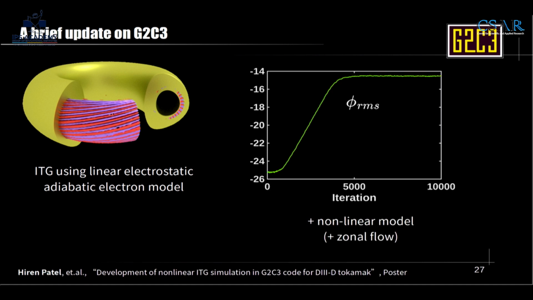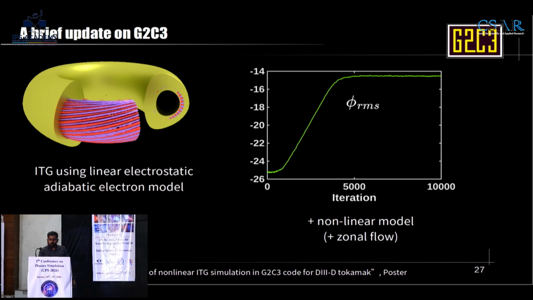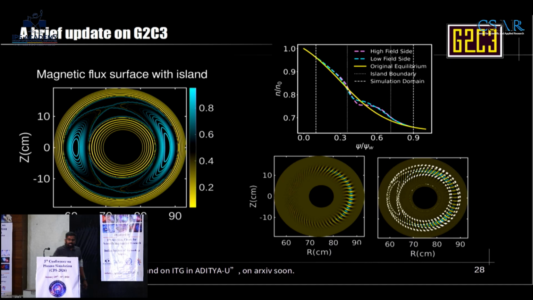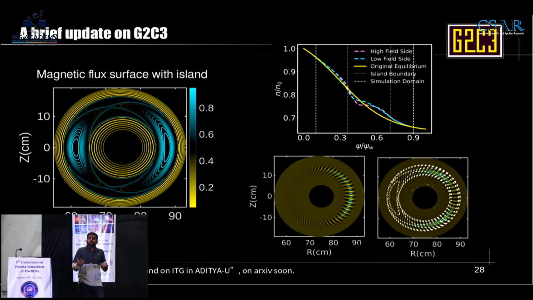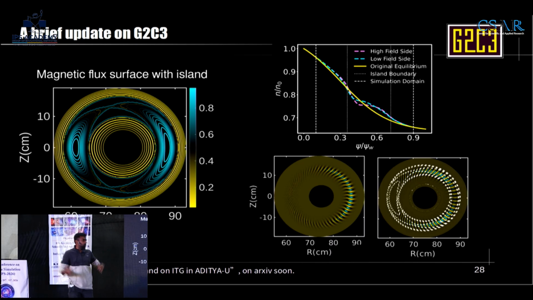Right now, we are incorporating the nonlinear effects as well as the zonal flow. This is something some of our students are working on. Again, zonal flow, it turned out that our implementation is wrong, so that's why it's in brackets right now. As well as that, we are incorporating extra modules to keep on growing the code.